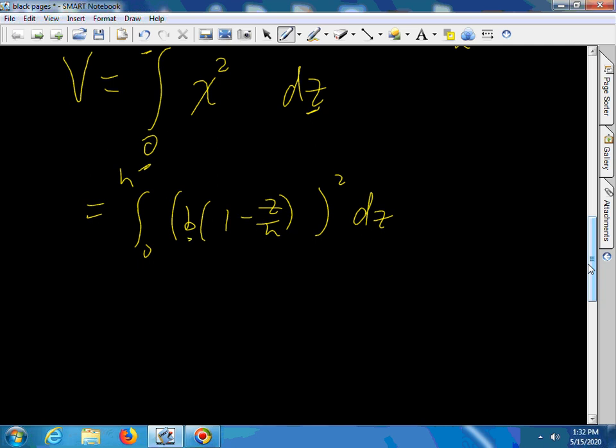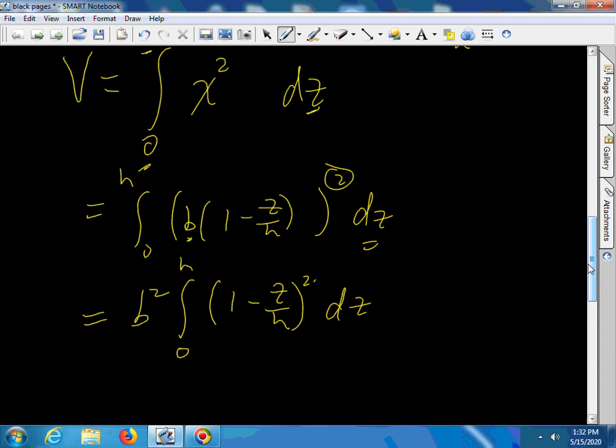And this b gets squared. And since it has nothing to do with z, I can bring it in front of the integral sign. So it's b squared times the integral from 0 to h of 1 minus z over h, squared, dz. Now you can either square this or make a u substitution.